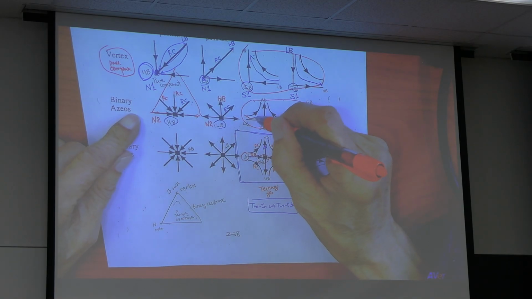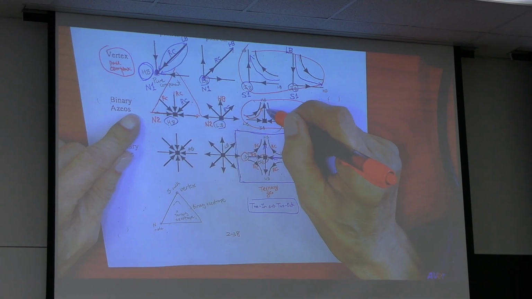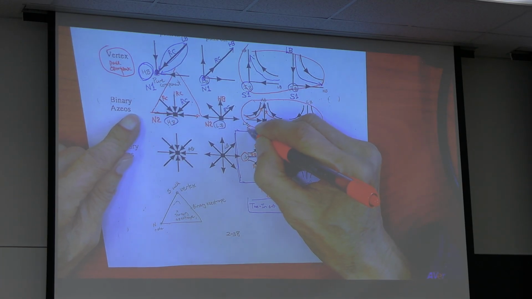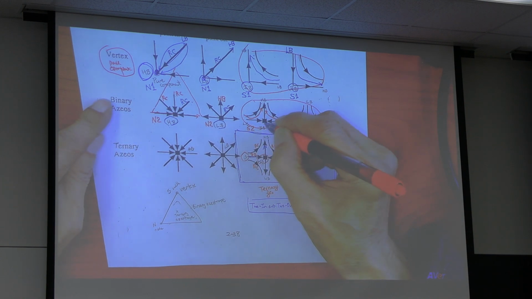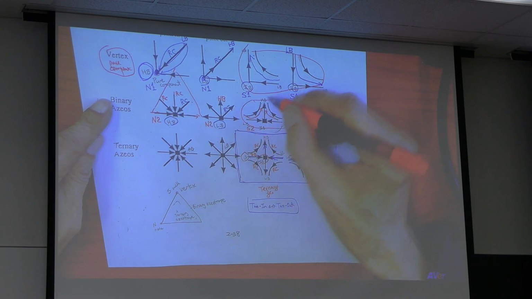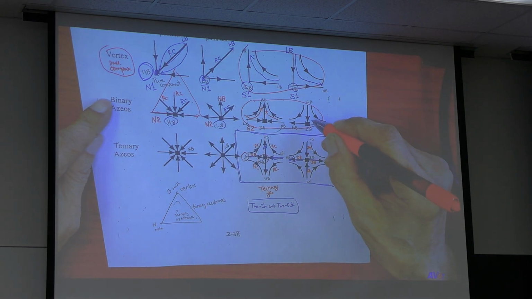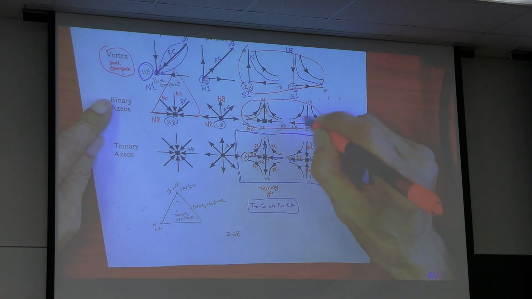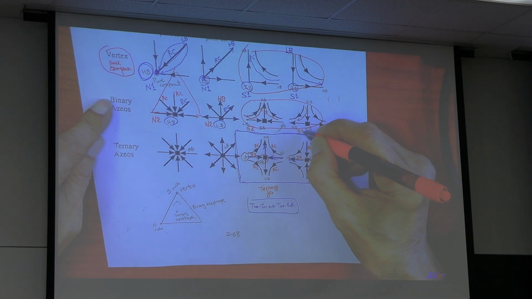So your RC goes this way. This is a saddle with two components, binary azeotrope. Okay? Now, low boiling, intermediate boiling, high boiling. This is a saddle, S2.